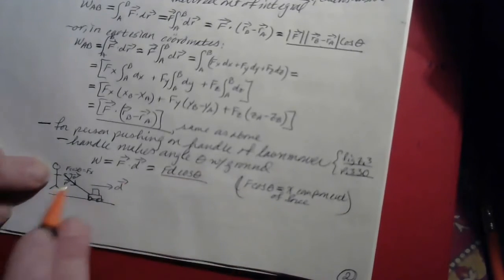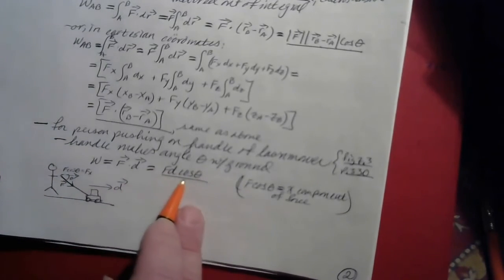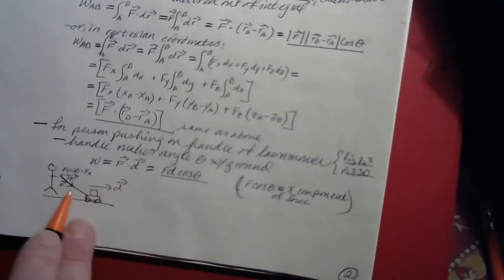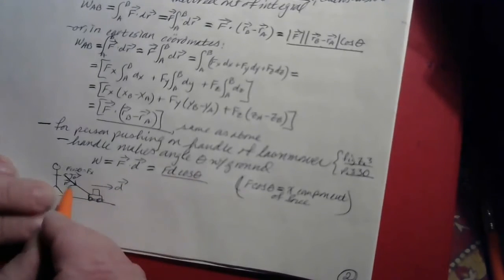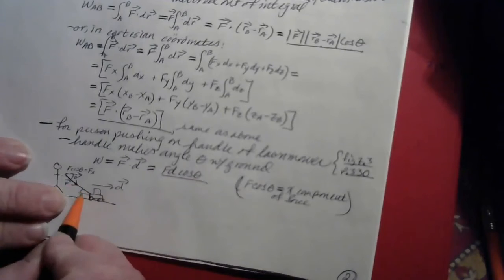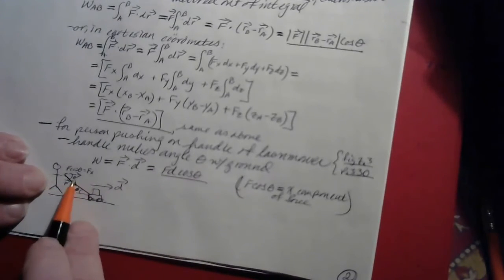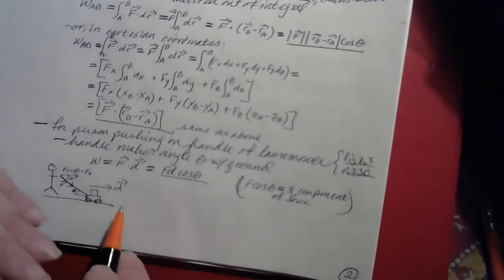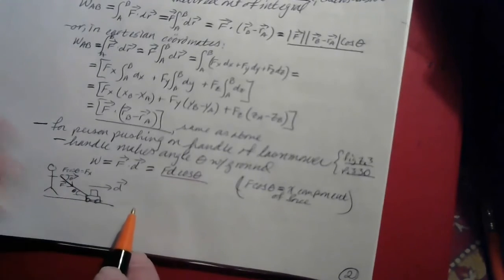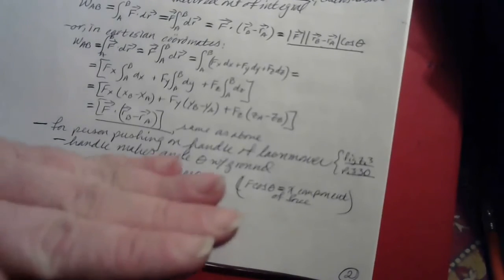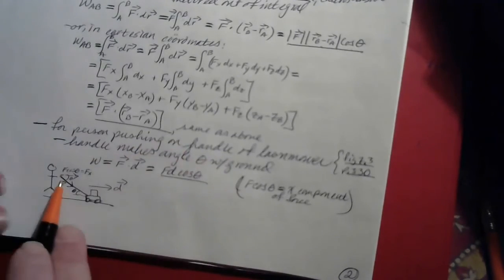And the cosine of the angle is because if you look at the force being exerted on the handle of the lawnmower, that would also be theta. The force is being exerted on the handle of the lawnmower at an angle. It's not being exerted horizontally.